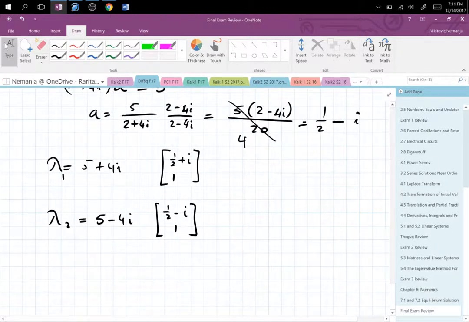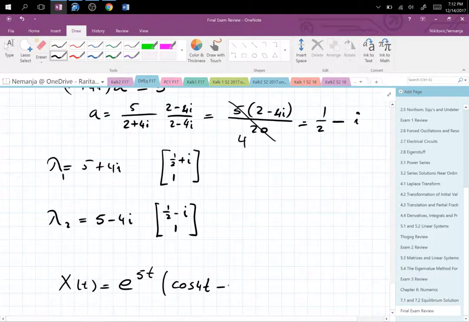So now we know that when we have the exponent work this way, we can pick x of t to be e to the 5t, and then over here we have cosine 4t plus i sine 4t, and I need coefficients and I need the vector.